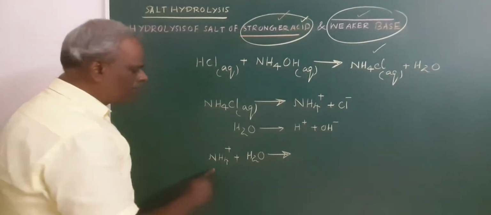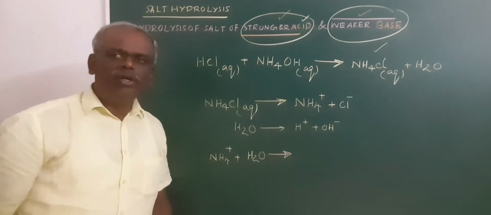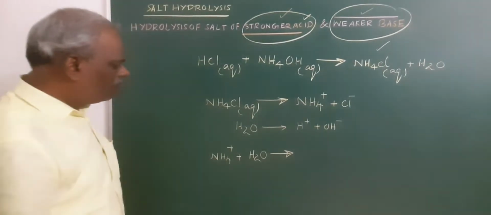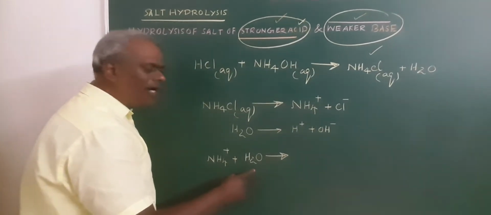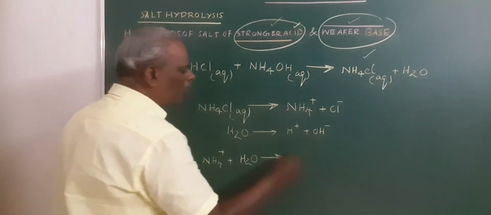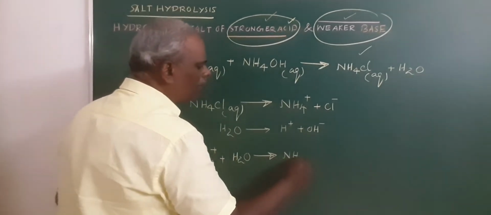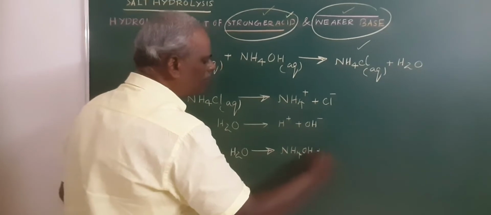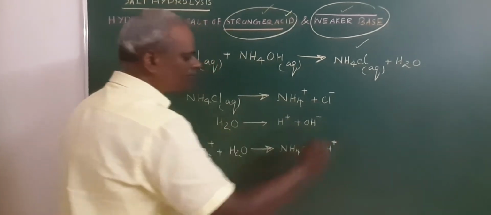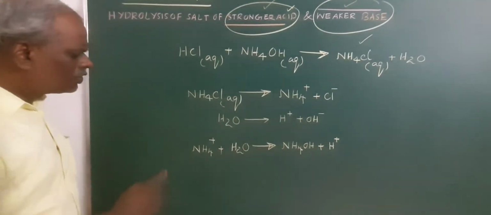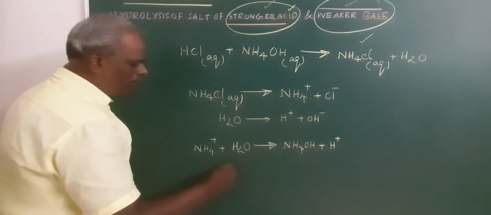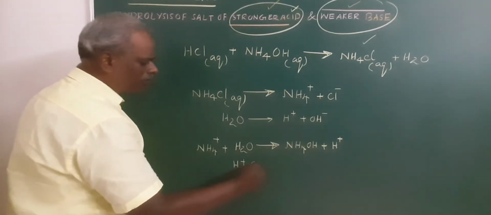This is what is known as hydrolysis of the ammonium ion. So when the ammonium is in contact with H2O, we will be getting NH4OH plus H plus. It clearly shows that the water is forming H plus and OH minus.